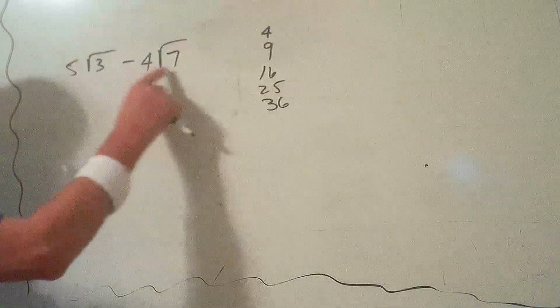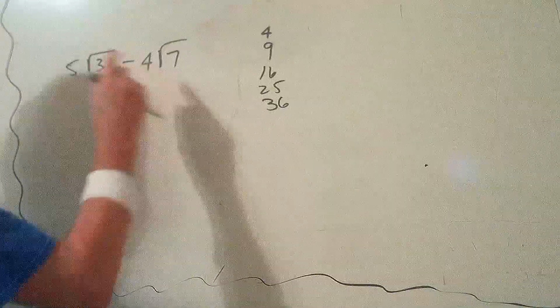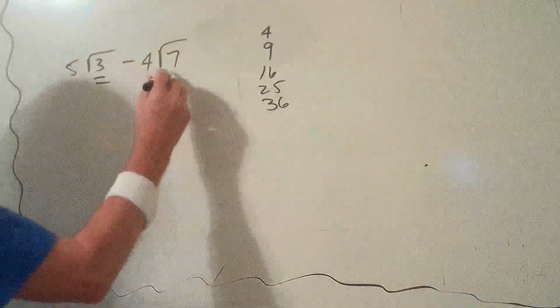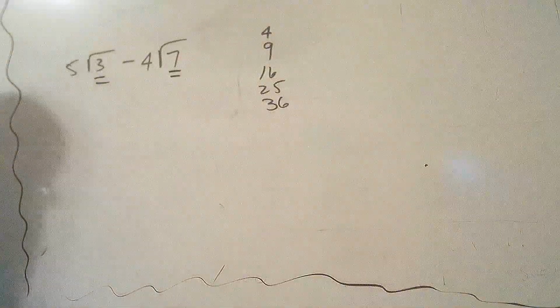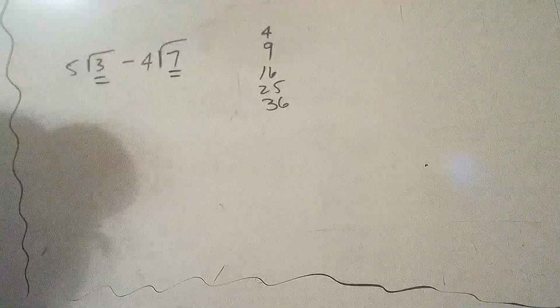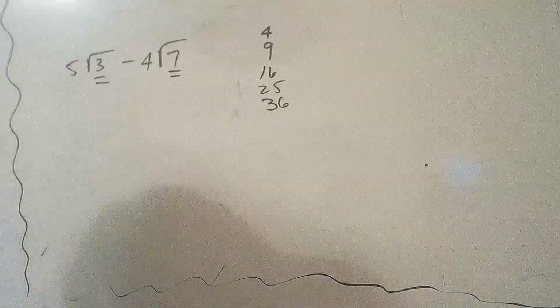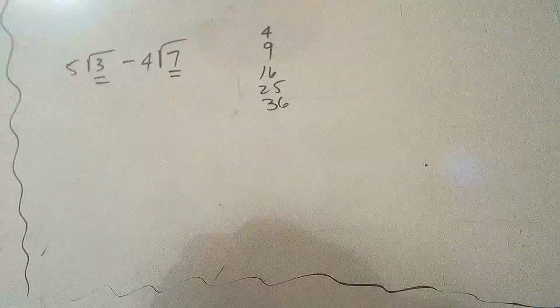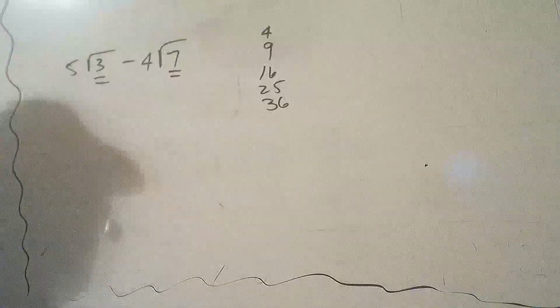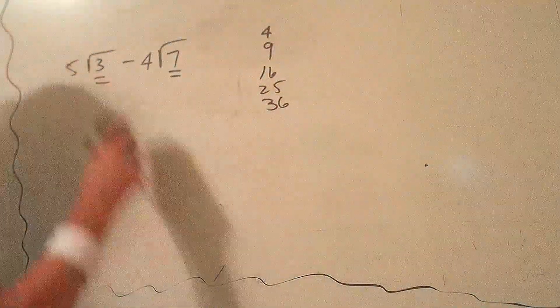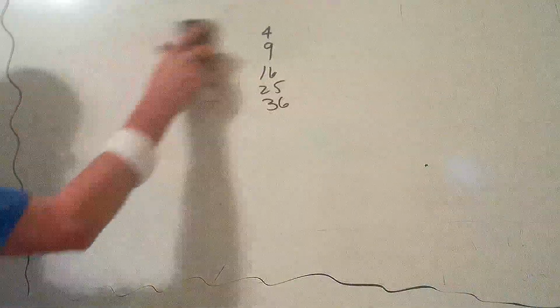So can we combine these two things? No. The radicands are different, and the indexes are the same, but the radicands are different. So this would be, I guess you could say, prime. It's not factorable, and it's not combinable. Can't combine them. So the answer would be this.